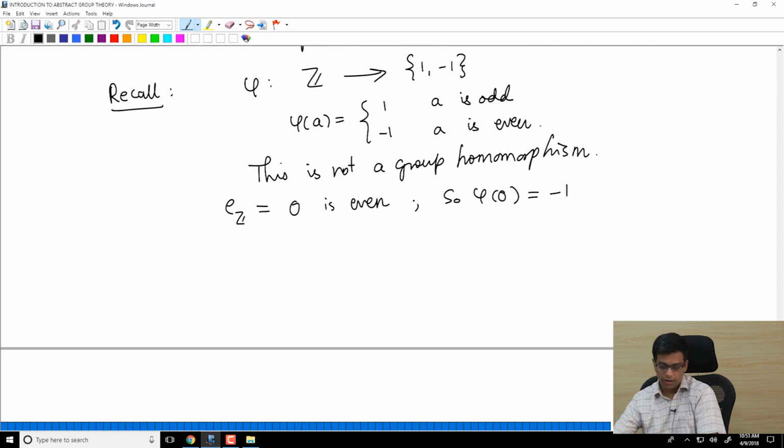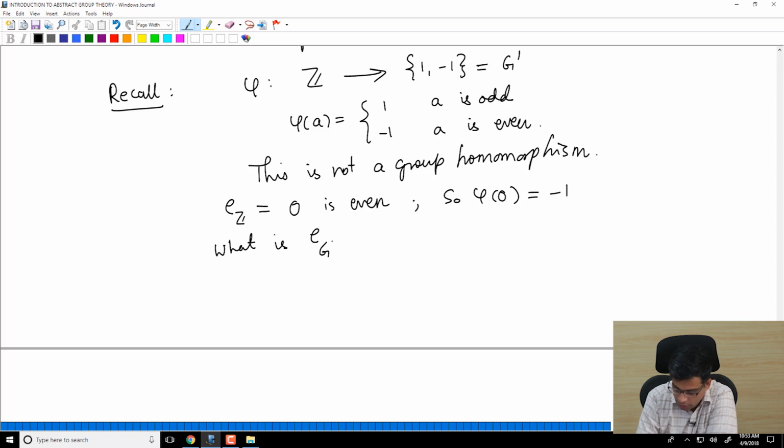But if you call this group G prime, what is e_G prime? Certainly 1, because this is a group under multiplication with 1 as identity. So the 0 element does not map to the identity element.